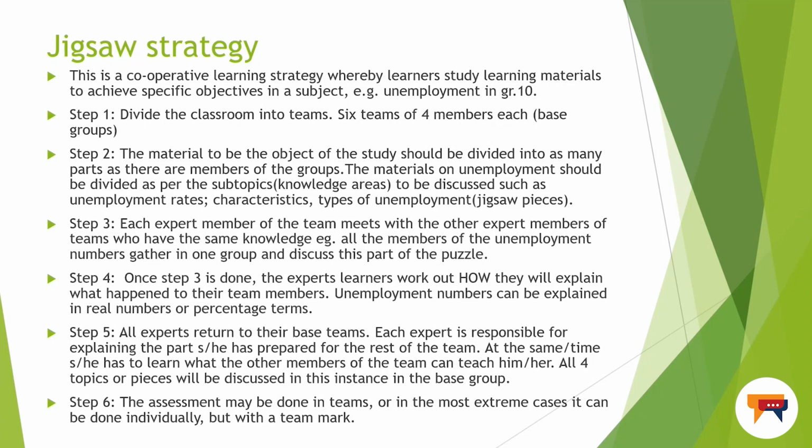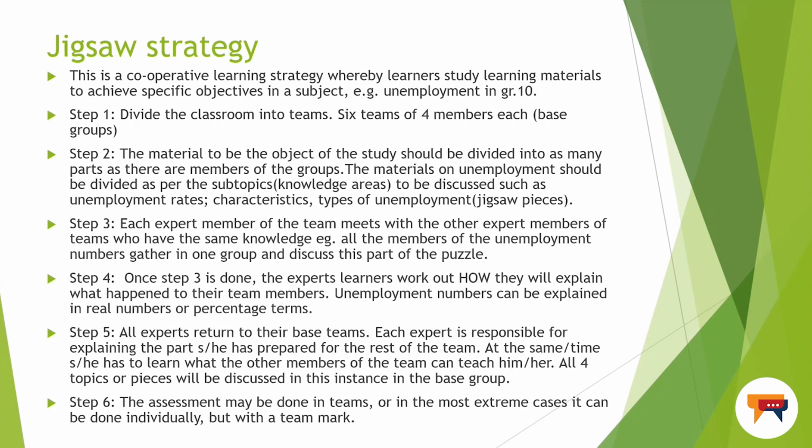Each expert is responsible for explaining the part he or she has prepared to the rest of the team. Right? And this is happening in all the groups. So in group 1, group 2, group 3, group 4, we will have a sort of a report back by each expert member from what they have discussed in the expert group.